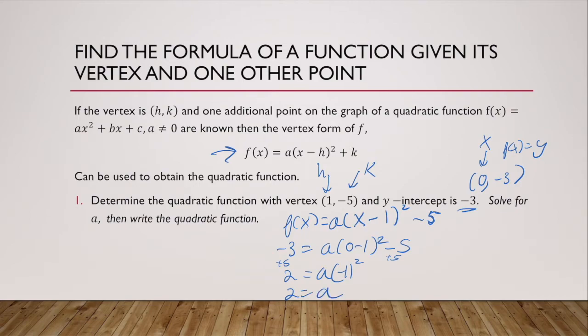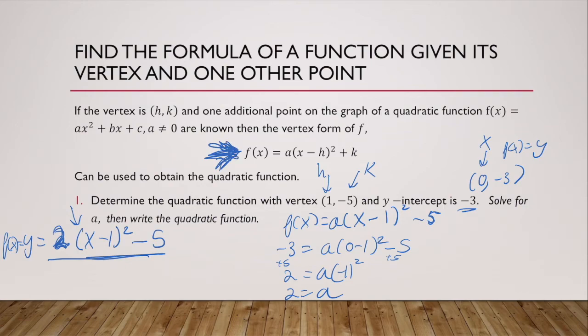So then my function would be f of x, because it's a function, 2 times x minus 1 squared minus 5. So this is our quadratic function. And if I went ahead and FOILed this out and distributed and subtracted 5, we could get it from vertex form to standard form, but I don't have to do that.